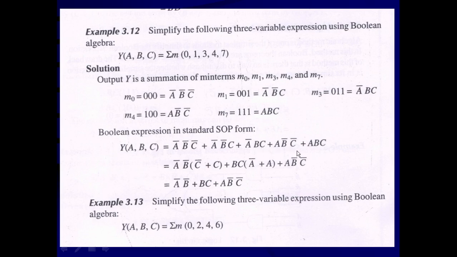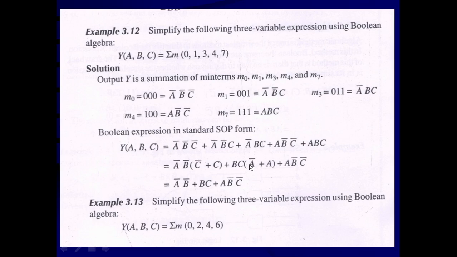From this and this, BC will be common. So BC is common, and that means A bar or A remains inside the bracket. And this term stays as it is, A B bar C bar. You know that any variable OR its complement results in 1. So this is equal to 1 multiplied by A bar B bar, that is equal to A bar B bar.